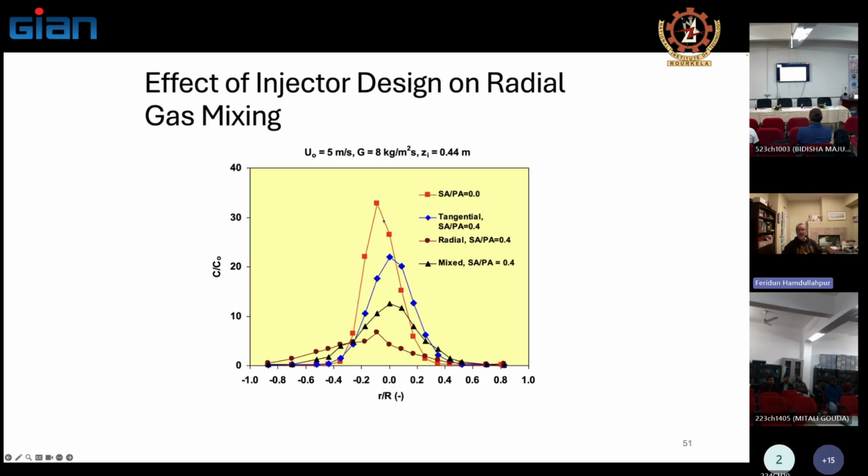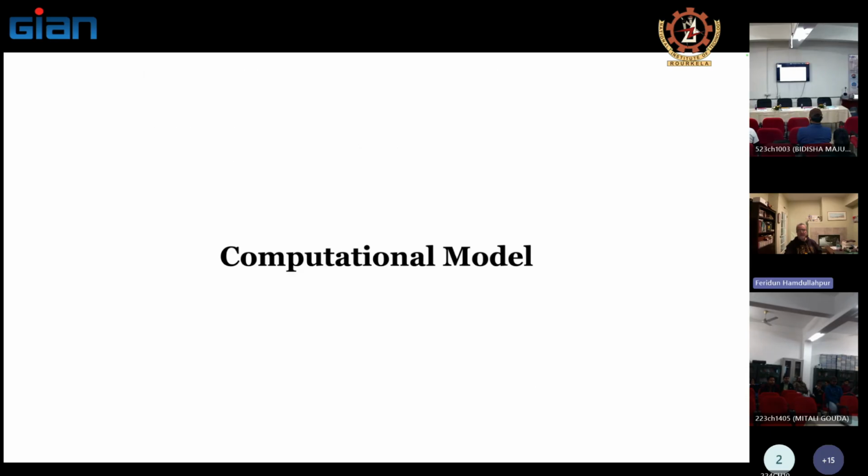You see again how pointy it is. Then you start at a certain ratio, tangential. It's represented by blue. Radial is the best mixing, and the mixed one is here. So for this specific application, you could see how important it is to design a proper secondary air injector.